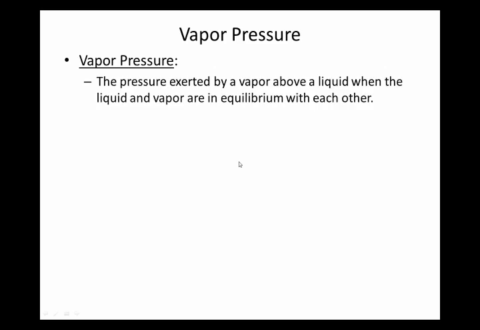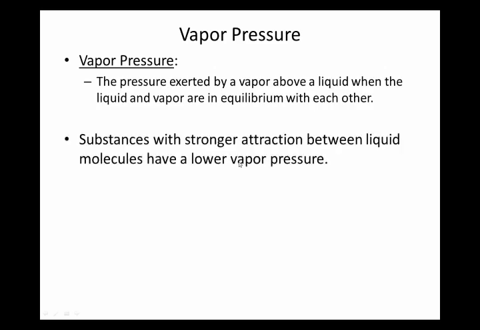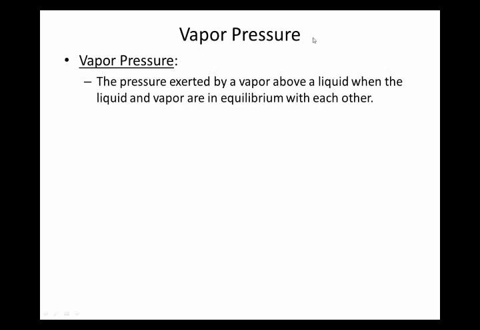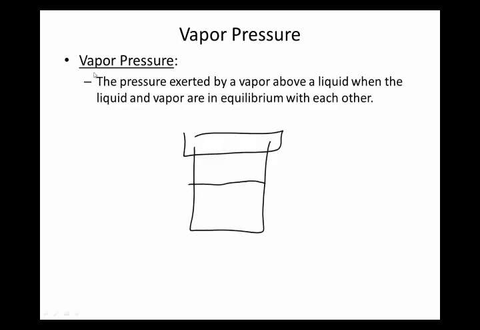There are two things that affect what the vapor pressure of a substance will be. So, again, let me summarize. When you put a liquid in a container, the evaporation of the liquid will eventually reach equilibrium with the condensation of the vapor.